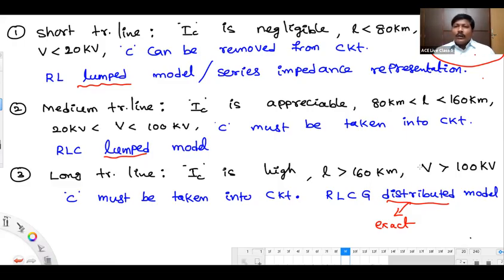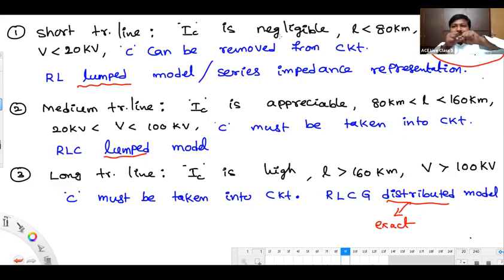Please tell me now, what are these three? Whether these three are different types of lines or different equivalent circuits for the transmission line. These are different equivalent circuits for the line. See, any line of any length can be represented either in the RL lumped model, or in the RLC lumped model, or in the distributed model.